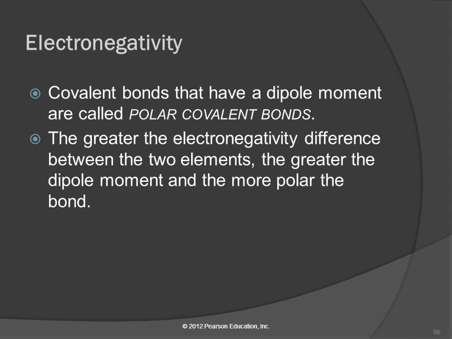So covalent bonds that have a dipole moment are called polar bonds. What do you think about when you think about the word polar? Opposites. That's good. I talked about this yesterday and someone said, bears. Yeah, polar bears. But where do polar bears live? At the North Pole, right?